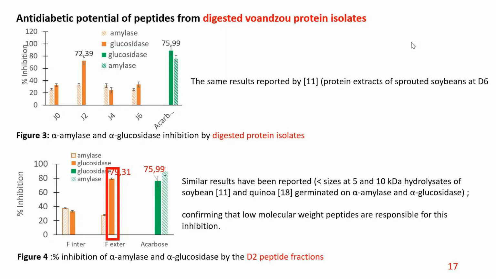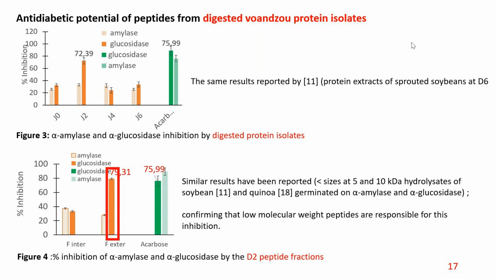When we take these extracts at 2 days of germination and fractionate them through dialysis, we obtain in Figure 4 the percentage of inhibition of alpha amylase and alpha glucosidase of the peptide fraction from day 2 germination.